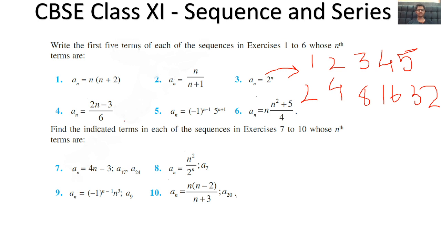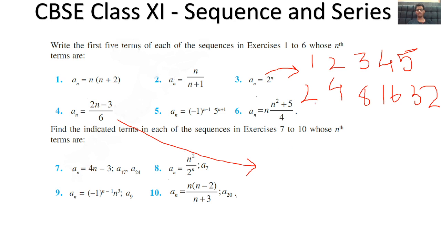Let's find the first 5 terms for an is equal to 2n minus 3 by 6.